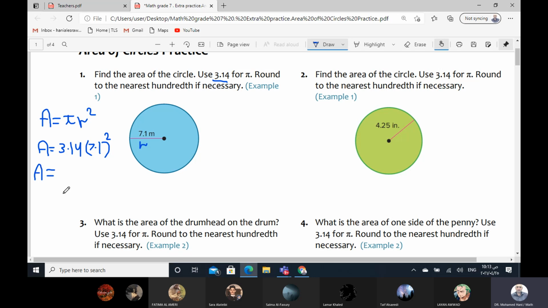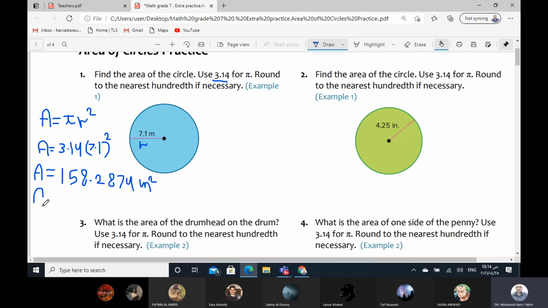So now we can calculate 3.14 times 7.1 squared, which means 7.1 times 7.1. So the answer will be 158.2874, and the unit is meter squared.